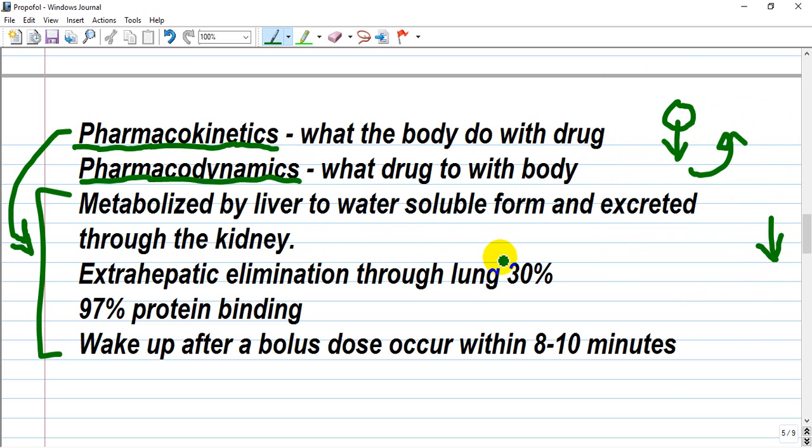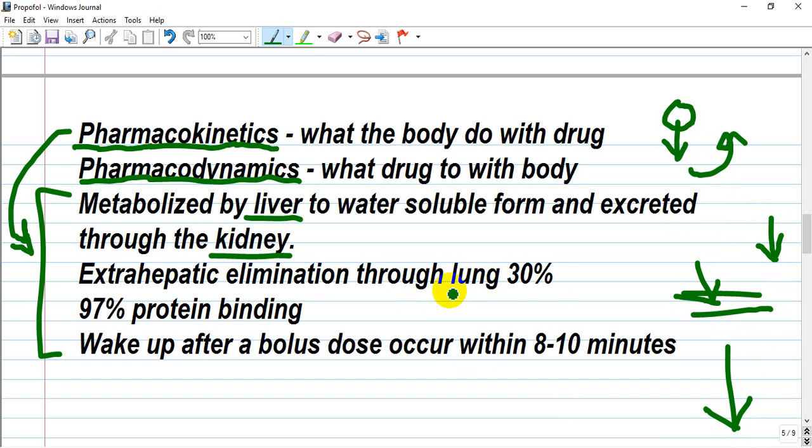If we are talking about Propofol, it is metabolized by the liver. We are giving it directly in the bloodstream. It is metabolized by the liver to a water-soluble form and excreted through the kidney. So coming in the blood, it goes to the liver and is excreted through the urine.